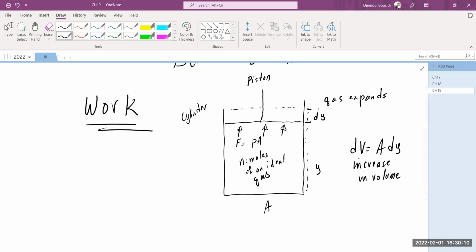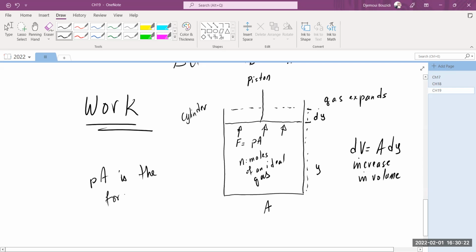So PA is the force exerted by the gas on the piston inside the cylinder.